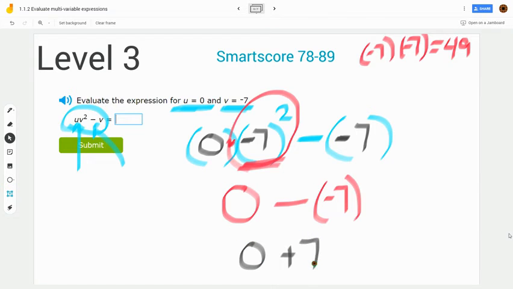Now, I want to explain why that works with the number line. If you're starting at 0, subtraction tells you to go left. So you're thinking, I'm going to go left at first. But whenever you have a negative number, it says do the opposite direction. So 0 minus negative 7 actually means go right 7.